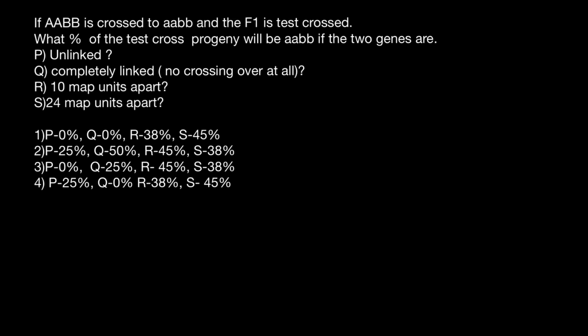So what happens here? We have two genotypes. Parent 1 has genotype capital A, capital A, capital B, capital B, and we cross it with the parent 2 genotype, which is small a, small a, small b, small b.